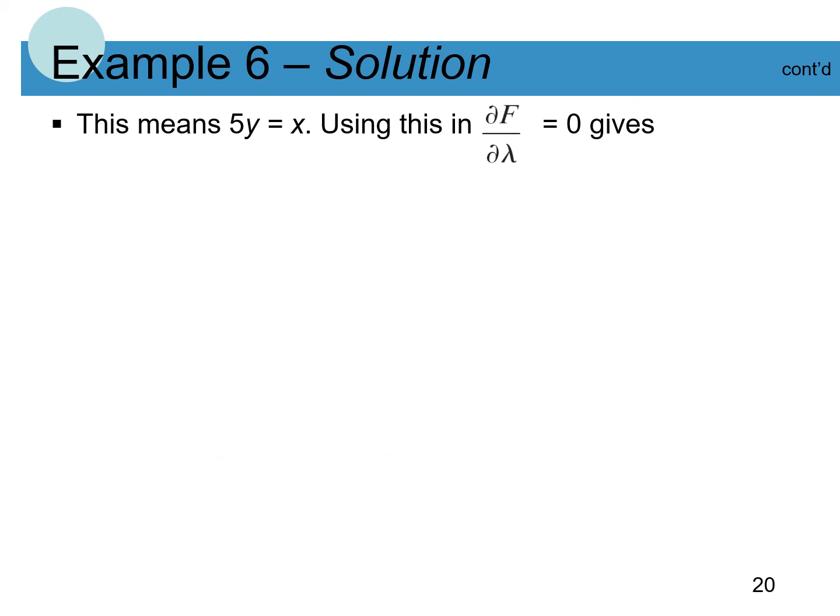Therefore, using this in df over d lambda equal to 0, we found that 160 times 5y plus 200y minus 100,000 is equal to 0. Then we can solve for y, and we have y equal to 100.